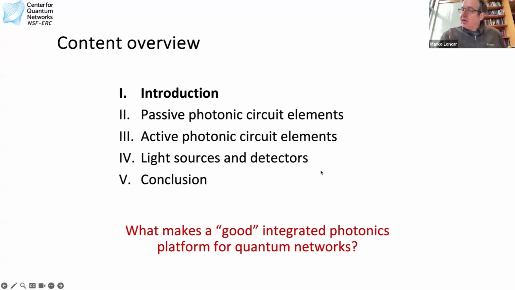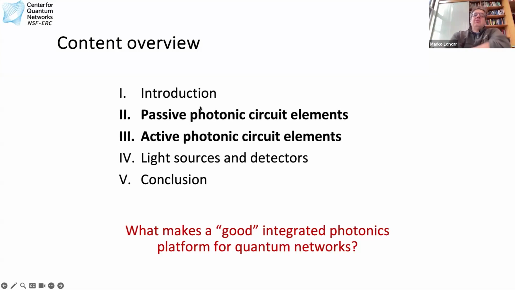Given that we are about 40 minutes in and that we covered only the introduction, I think we'll do one of the two, go faster or skip slides. So we'll probably do both. I would like to now talk a little bit about a subset of passive and then extend this to active components that are needed for classical and quantum applications.